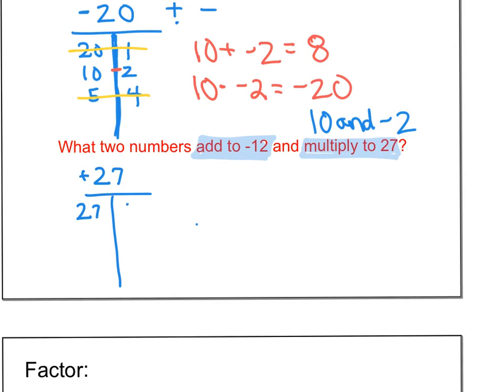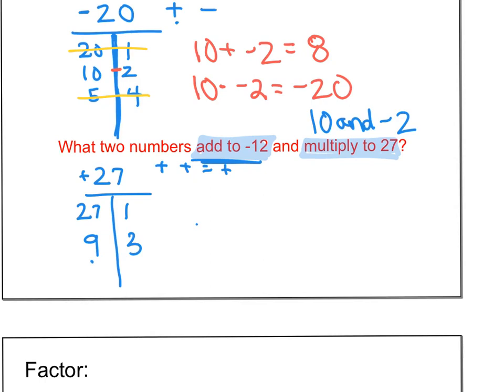Well, I could have 27 and 1. Or 9 and 3. Now, so far, when I look at this, none of those are going to add to a negative 12, so I have to play with the signs. I'm really used to the idea that a positive times a positive equals a positive. A positive 9 times a positive 3 would equal a positive 27, but it does not add to a negative 12.